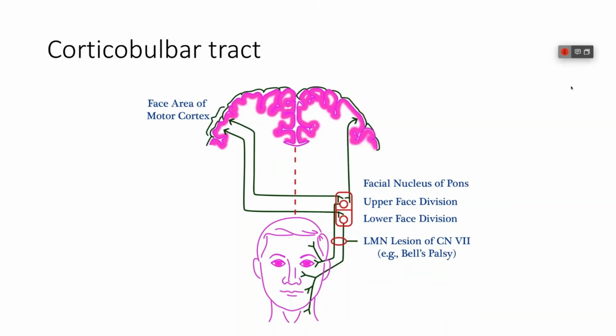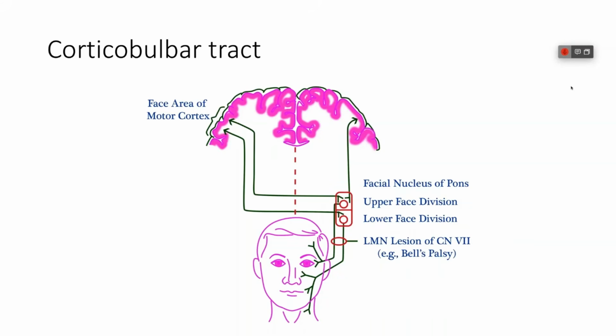And then when I was studying for this, I realized what she meant. She said that's actually worse because you have dual innervation to the forehead from both sides. If you look at the picture, you have dual innervation of the upper motor neurons to the lower motor neurons.